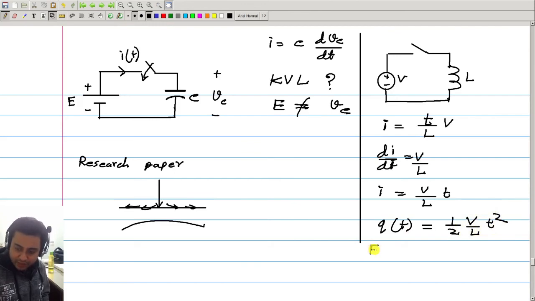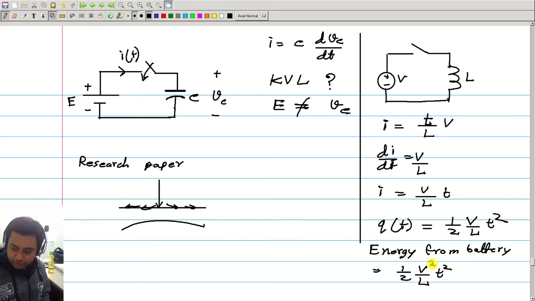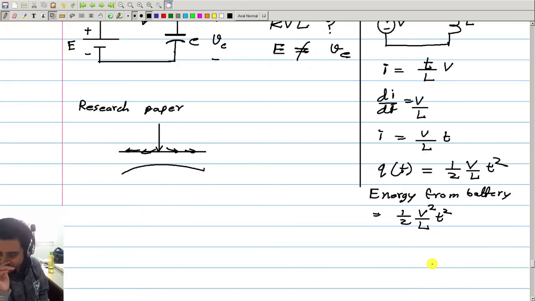The energy from the battery is equal to the charge multiplied by the voltage, so it will become V squared t squared over 2L.